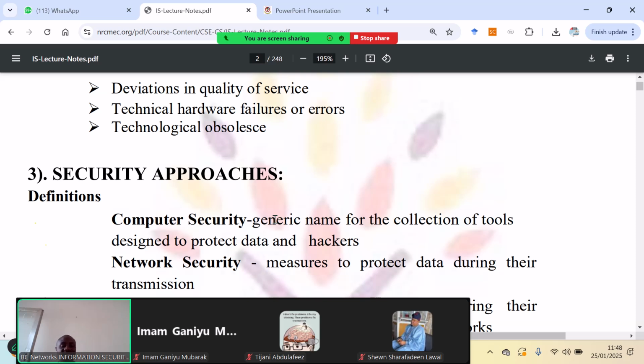Then in this class, we are trying to discuss what information security techniques is all about. Information could be discussed as your critical assets that you put online, including your hardware and your software, your network and your database. All these are components of information systems that allow transmission of data from one point to another.